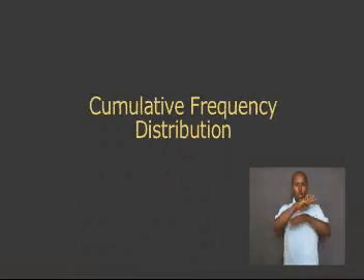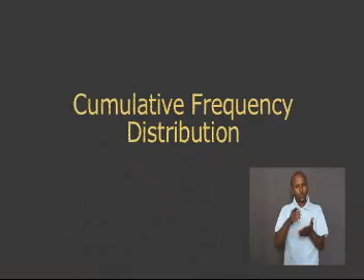In the example of the cups of coffee, we thought about how often my friend drank 0, 1, 2, 3, or 4 cups of coffee. To find out how many days my friend had less than 3 cups of coffee, we need a cumulative frequency distribution.